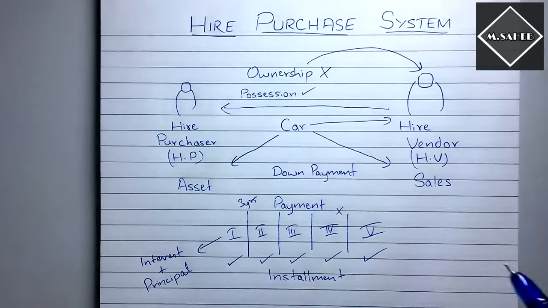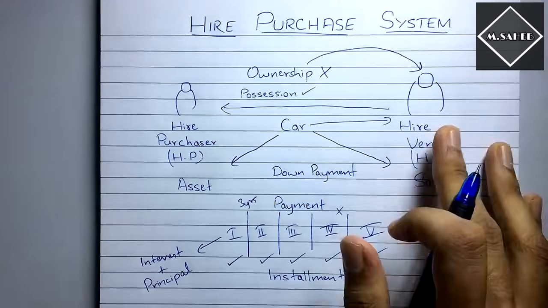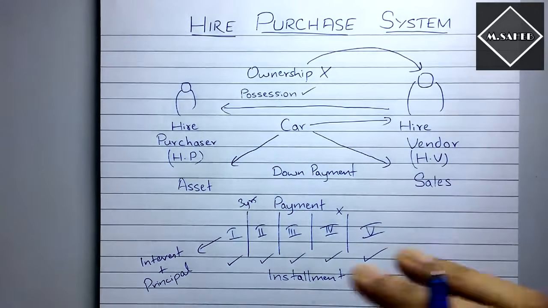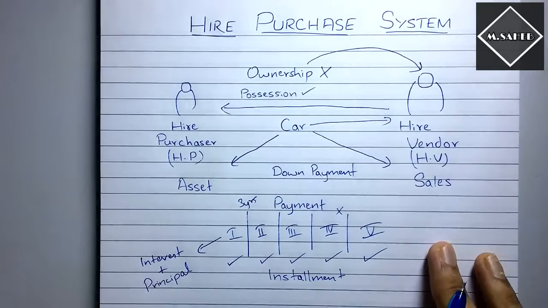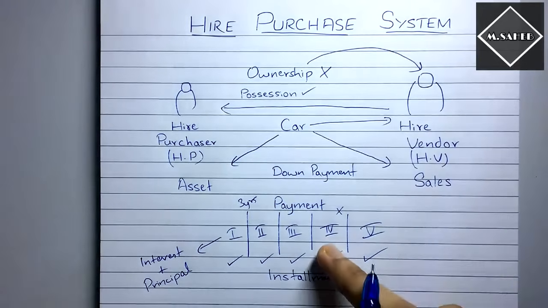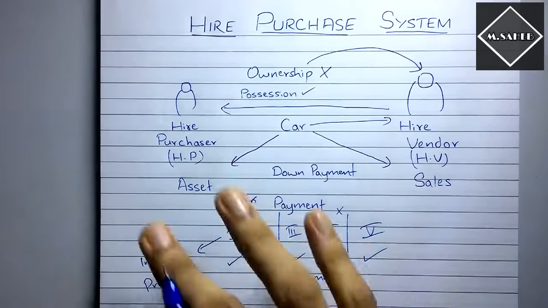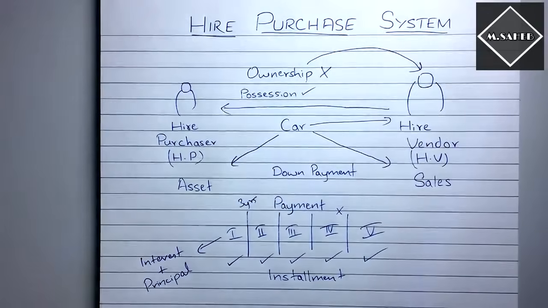All right, so he will not pay a single penny to the hire purchaser. He can directly take back the car whenever there is a default, whenever the hire purchaser doesn't pay any installment. Okay, so this is the complete concept of the hire purchase system.